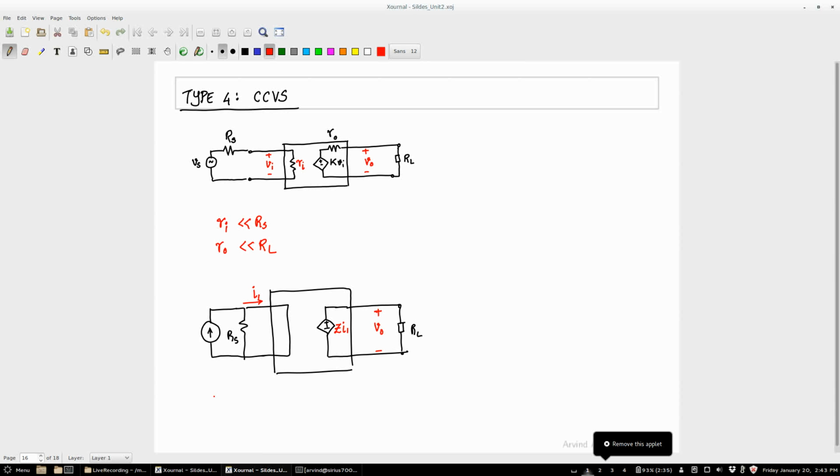Let me call that as Z times I1. And why did you say it is Z? Because I have voltage here, right? This is my voltage, and the voltage is related to a current. So this effectively has units of resistance or impedance. Okay, some people call it a trans resistance amplifier, but I think a trans impedance amplifier is the name. We'll call trans impedance amplifier.